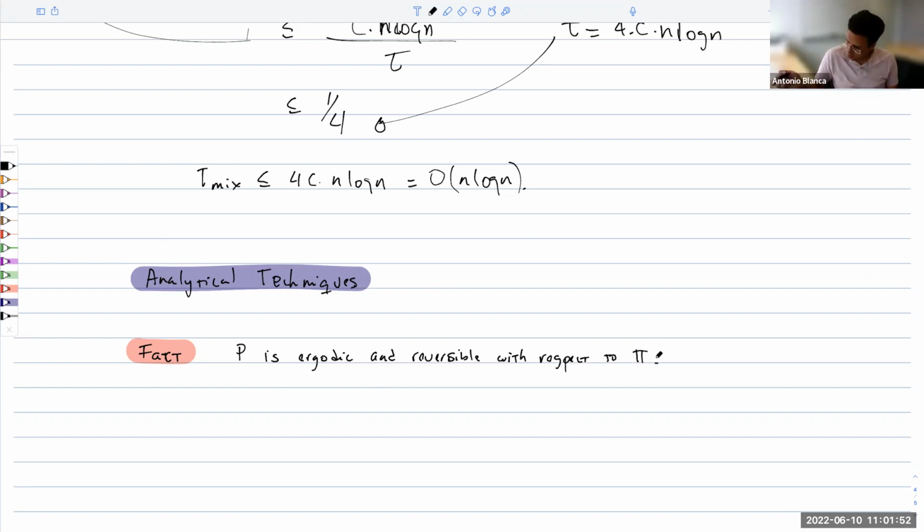Okay, so the eigenvalues, P is a square matrix, right? So it has eigenvalues. The eigenvalues of P satisfy the following. First, it's fairly easy to check that 1 is an eigenvalue. And actually, 1 is the largest eigenvalue. And then all other eigenvalues are between 1 and -1.